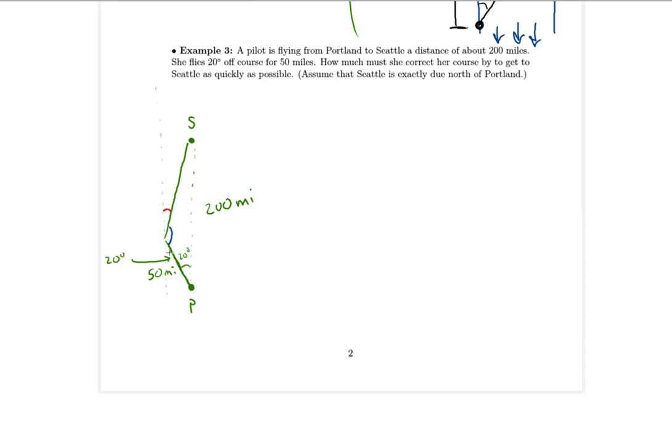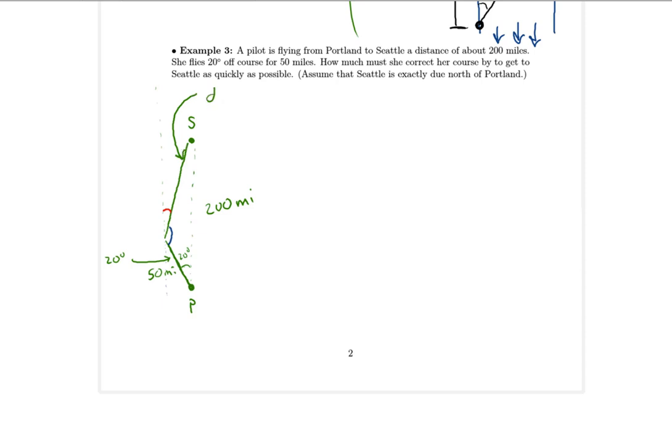So then we'd have this angle plus the red angle giving me 180 degrees. So I'm going to get to work right away on figuring out what this side here is.